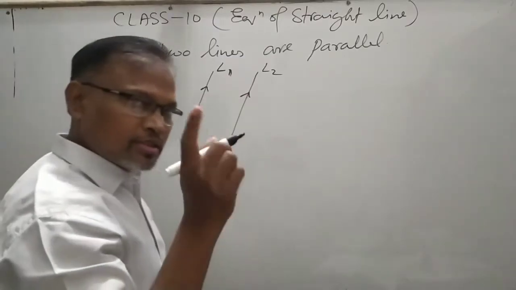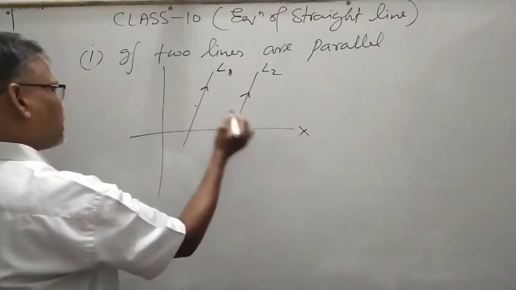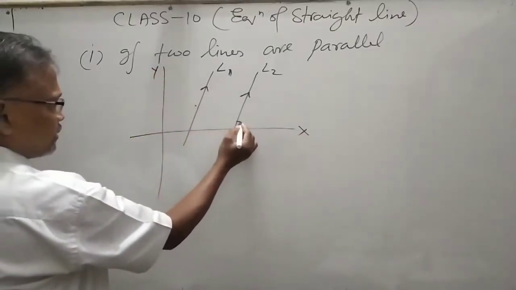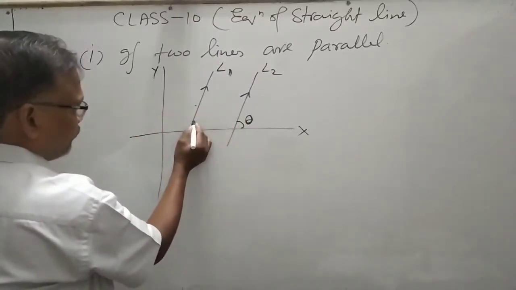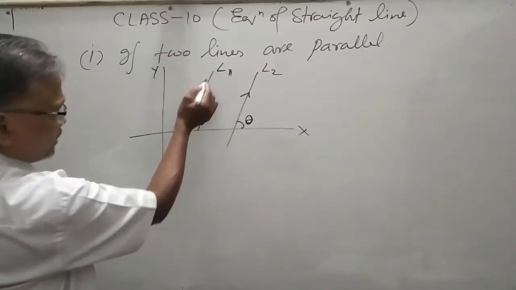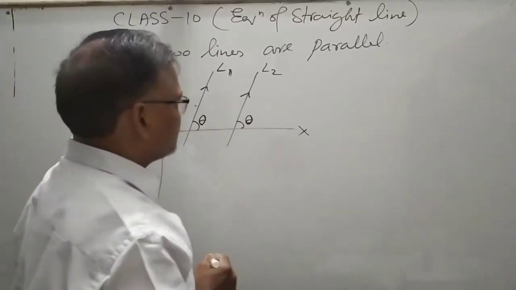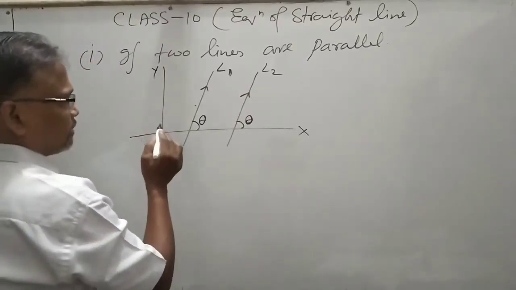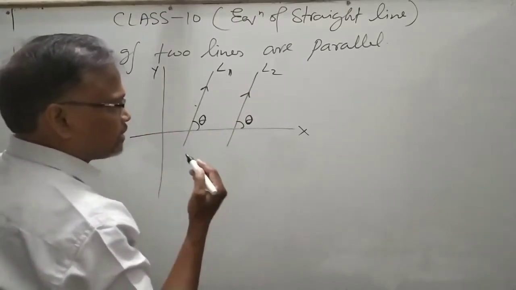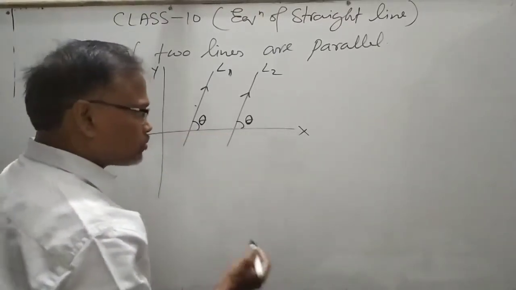Suppose this is the graph with the x-axis and y-axis, then this makes the angle theta, and because they are parallel lines, the same angle will be made by this line also. These are the two corresponding angles. And you know the slope of any line is tan theta. If the thetas are the same, it means the slopes are also the same.